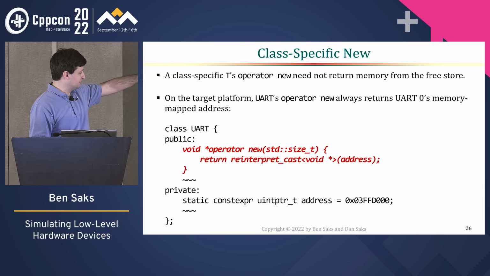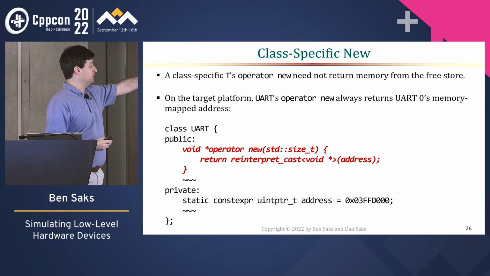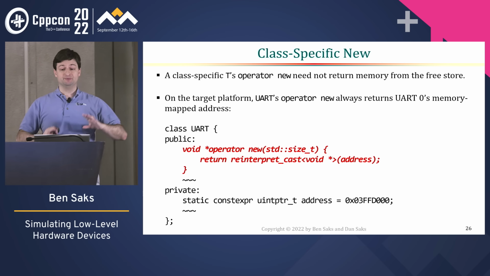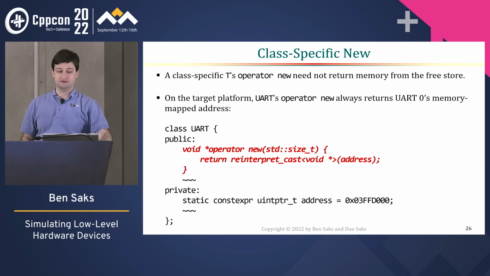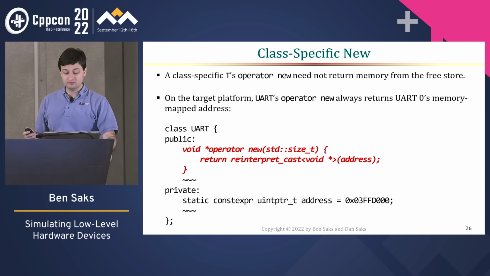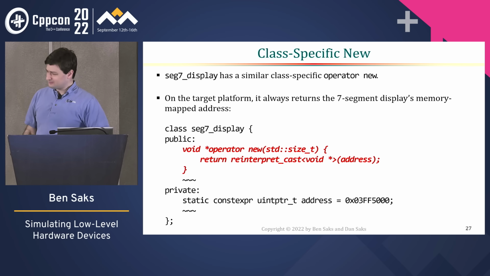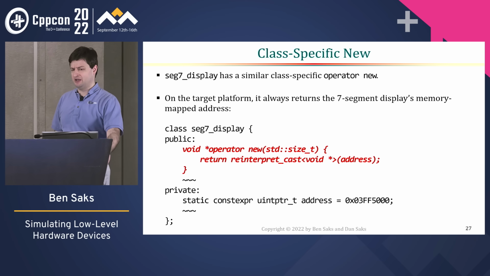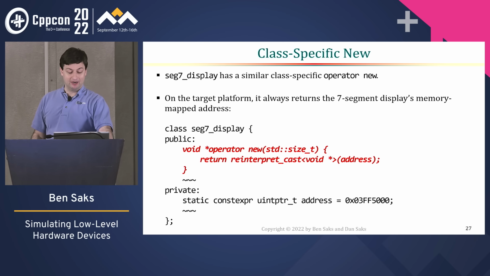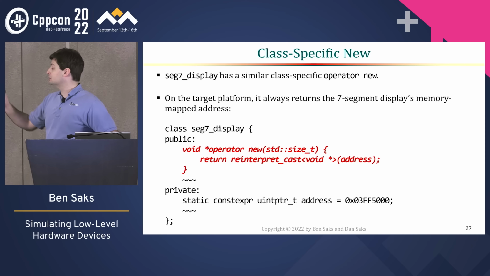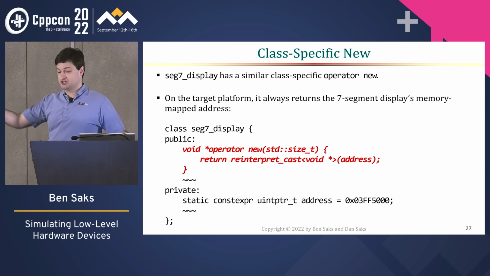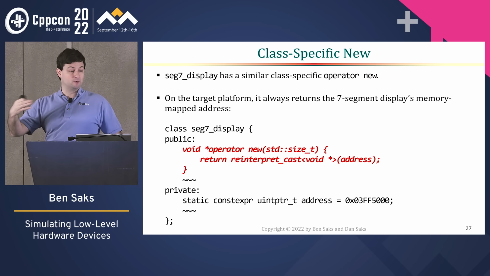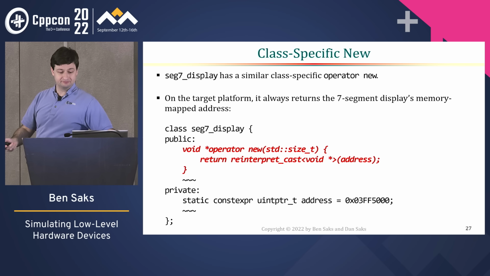But to keep this code simple, I'm just showing you the code assuming that we're talking specifically to the first serial port. And then our 7-segment display is going to have a similar operator new function that just always returns the address at which the 7-segment display hardware is located.